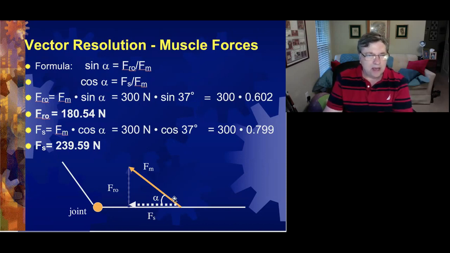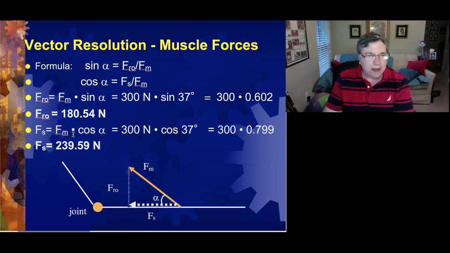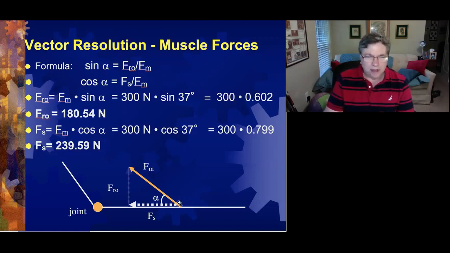That's 180.54 newtons. And this will be for an elbow flexor group, for example. And then we'll multiply that 300 newtons times the cosine of 37 degrees. That's 239.59 newtons. Okay, the important thing to see here is that each component is not 300 newtons, considerably less.